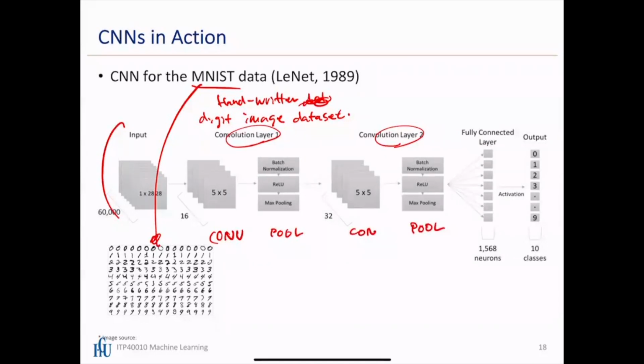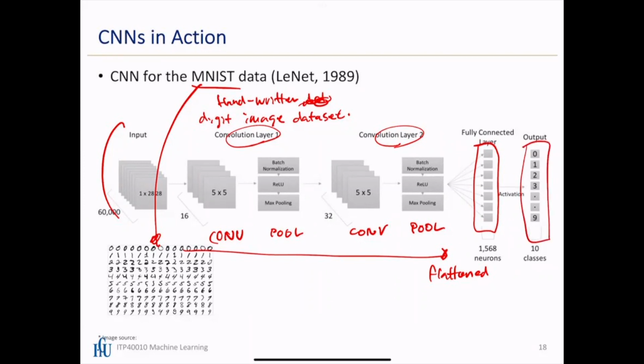At the end of the day, it is flattened after these two repetitions of convolution and pooling. This flattened representation somehow better represents the images, to predict what numerical value each of these images is showing.